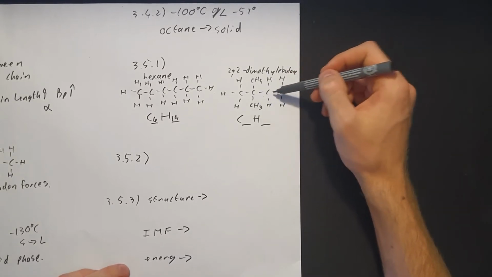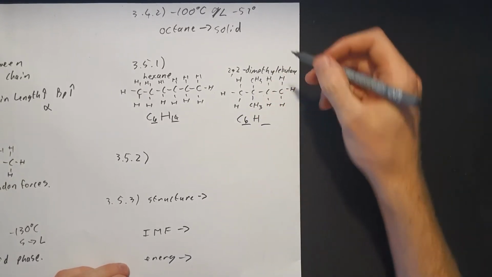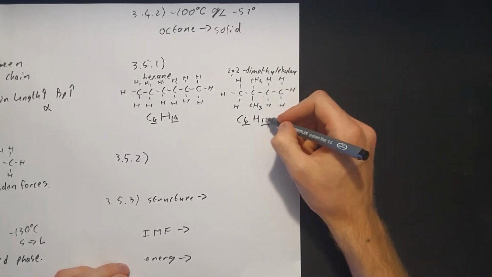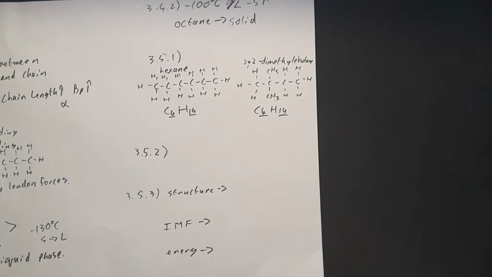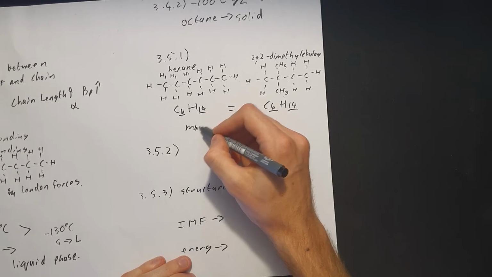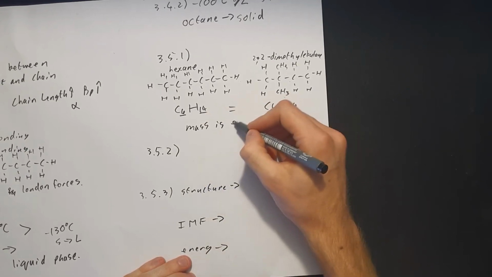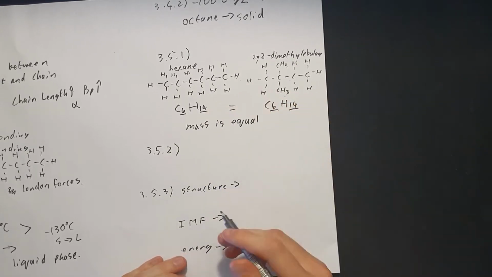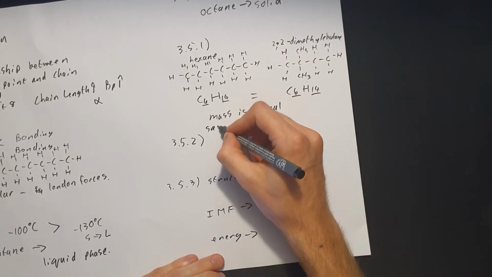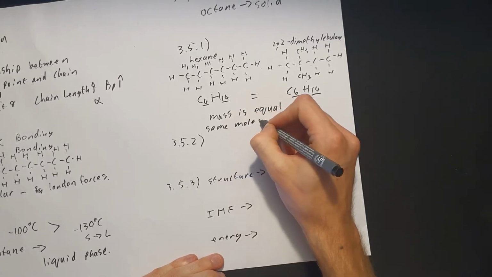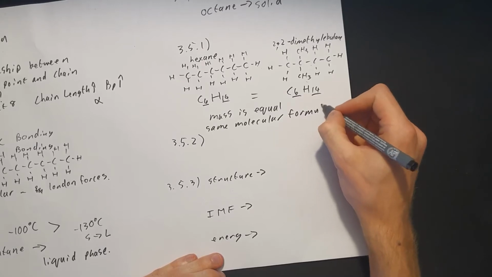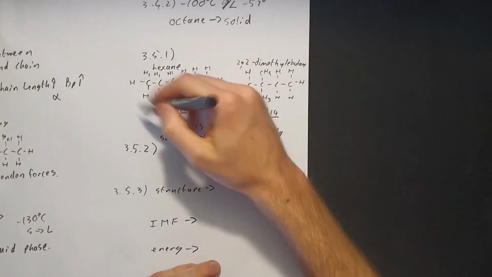We've still got 1, 2, 3, 4, 5, 6 carbons. We've got 3, 6, 9, 10, 11, 12, 13, 14 hydrogens. So therefore, is its mass going to be greater or equal? Well, these two are equal, so therefore the mass is equal. Okay, give a reason why. They have the same molecular formula. So one is just an isomer of the other.